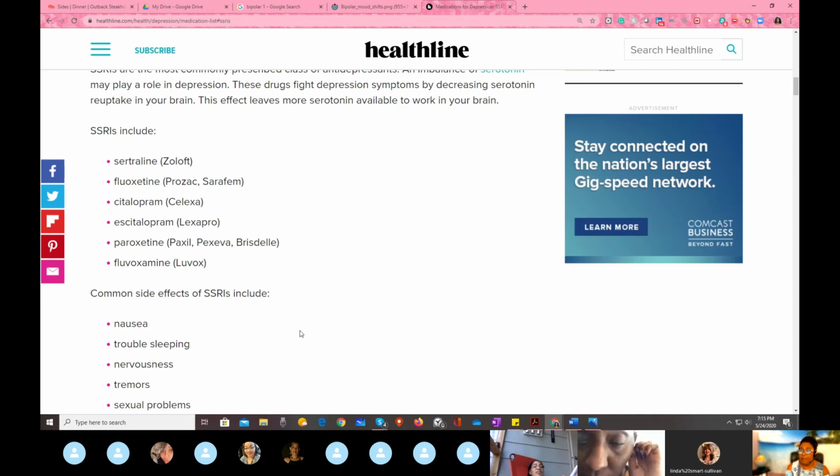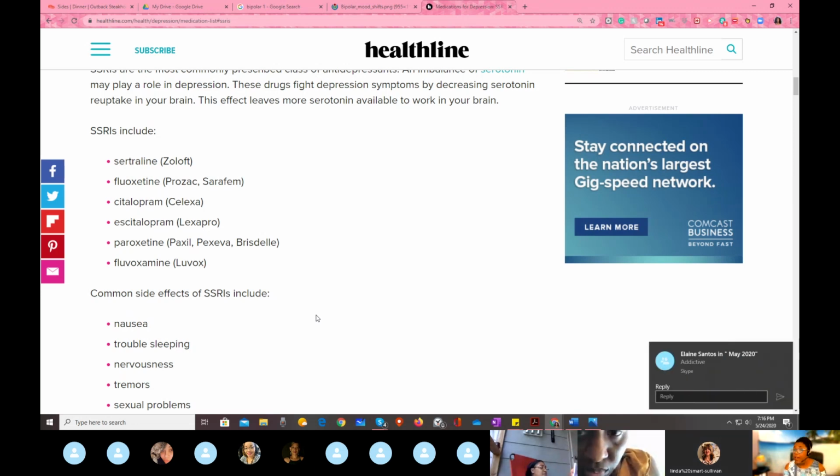The best choice of medication for someone who has some anxiety is a benzodiazepine: Ativan, Valium, Xanax. Why can't I take a benzodiazepine every day? Because they're addictive. Exactly.